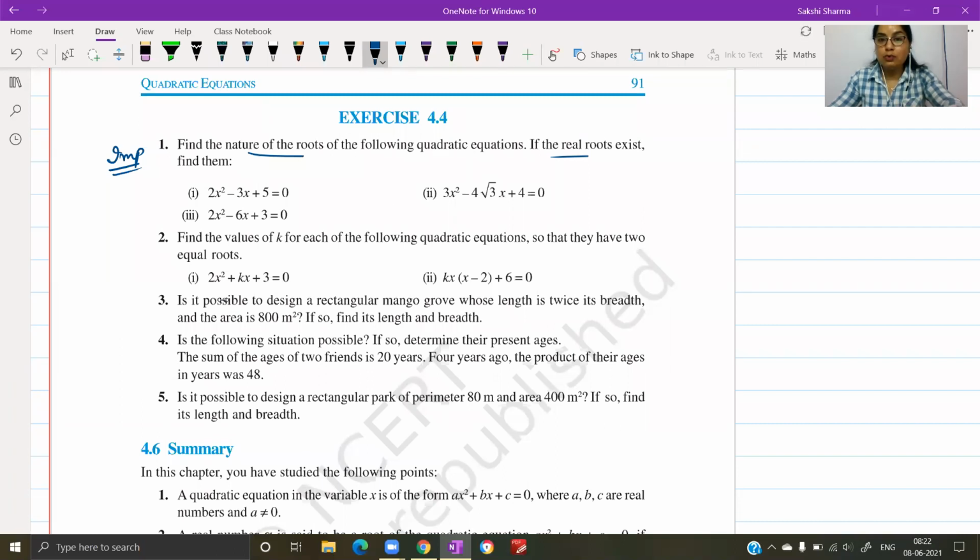Read the question fully and then solve, whether you have been asked about only the nature of the roots, or you have to find out the roots as well. So you find out the discriminant, that will be the first step. If it's equal to 0 or greater than 0, you will write down that real roots exist. And then you find the roots. In case your discriminant is negative, you will say that no real roots exist, and then you don't have to find out x. And then you can proceed to the next part.